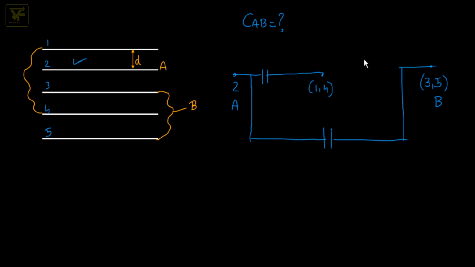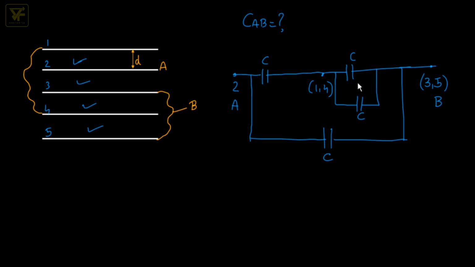Between 3 and 4 there is one capacitor. Between 4 and 5 there is one capacitor, that is 4 and 3. So that's it. All the capacitors are the same because the distance between the plates is identical. All the 4 capacitors are noted here.